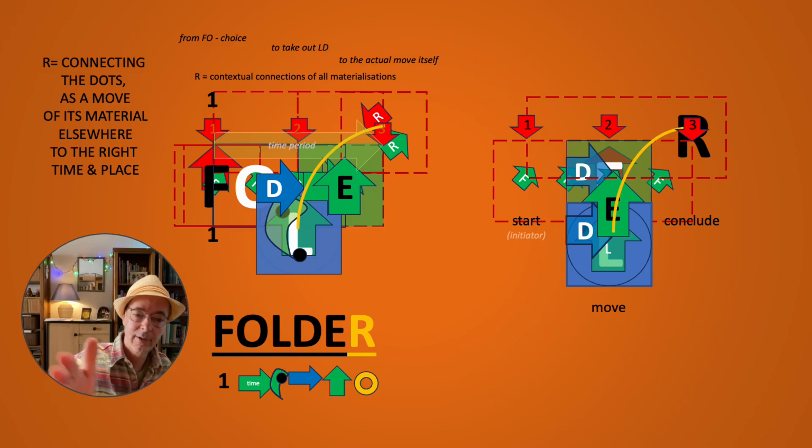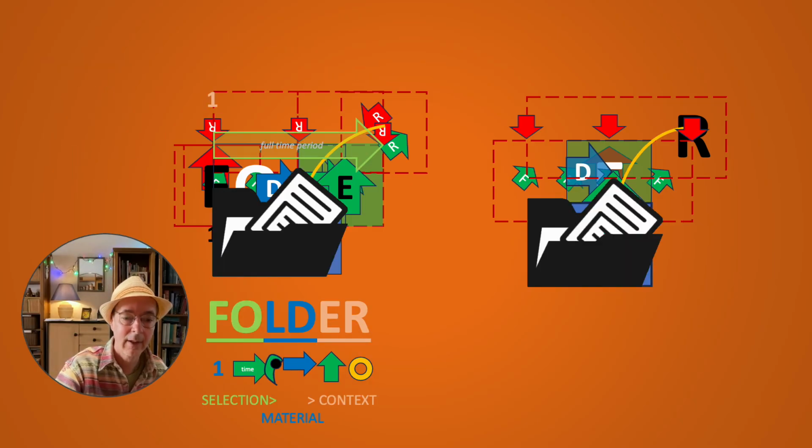In R, in the 3 positions, you will be able to see that I started from my choice to the physical thing, what I take out in lit, to the actual move itself, so that in the end, after my initiative, taking the object, I will be able to move it as a folder.